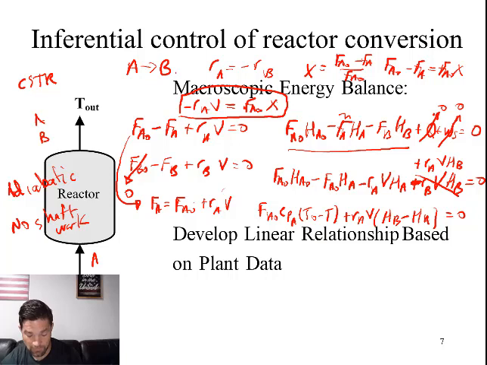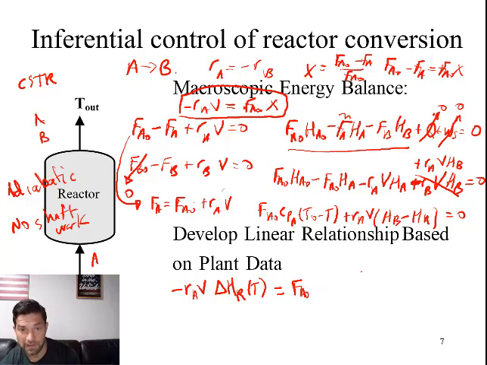So now from this relationship right here, we have negative RAV times the heat of reaction, and this is the heat of reaction at T, equals FA0 times CP, the heat capacity of A, times (T0 minus T).